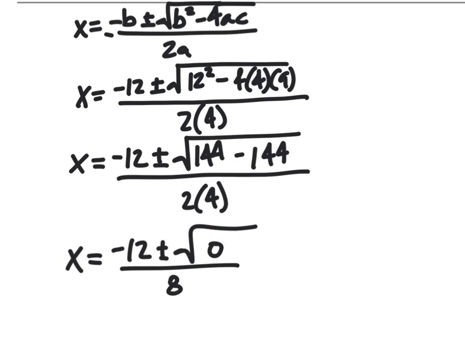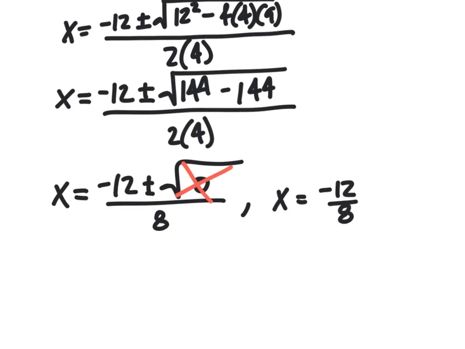So plus 0 or minus 0, that part just goes away, it doesn't even matter. And so then we get that x is equal to negative 12 over 8. That simplifies down, each of these are divisible by 4, and so that's going to give us x is equal to negative 3 halves.